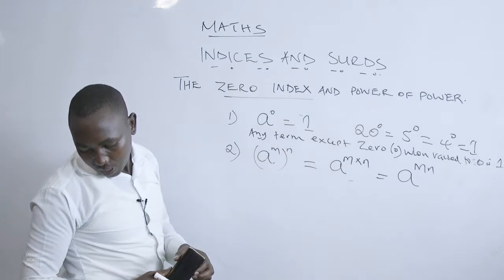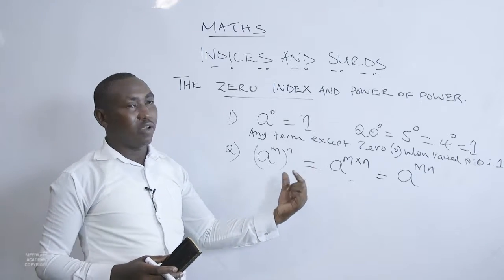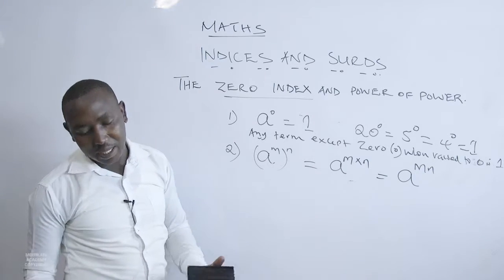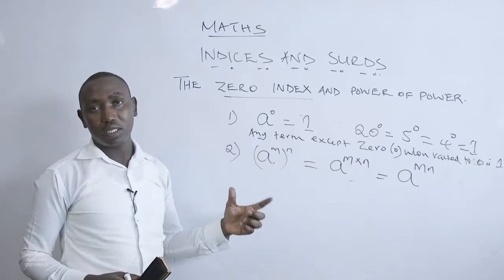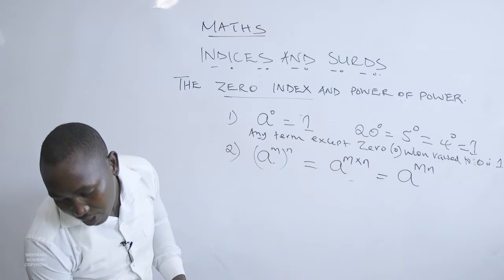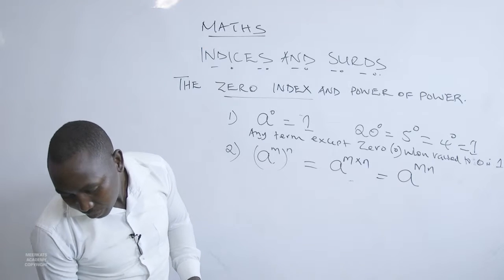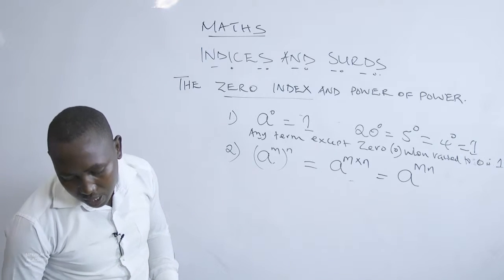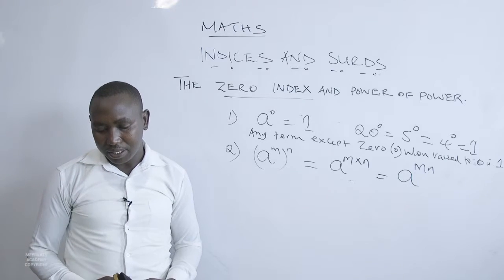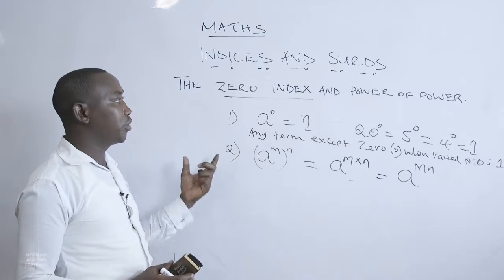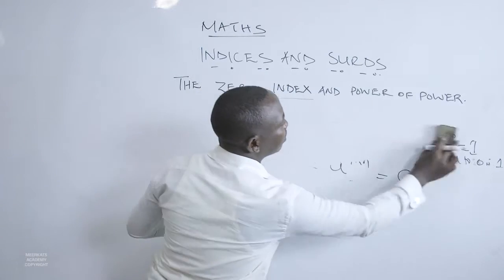And for this other case, whenever you raise a power by another power, we get the product of those powers. Let us consider a number of examples on how we can solve these two scenarios.